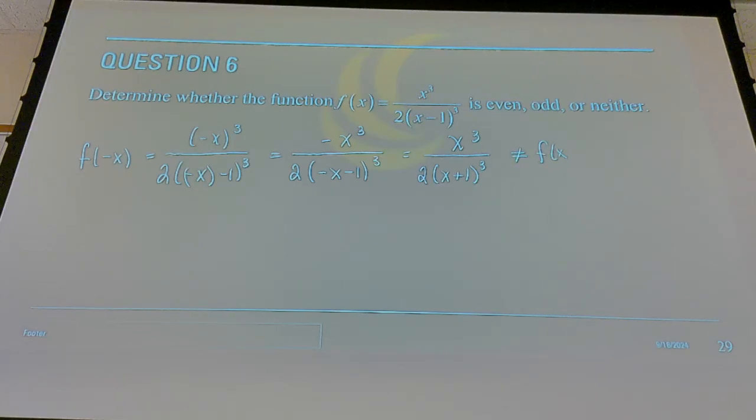F of negative x is not f of x. You should also be able to see that's not going to be negative f of x. So it's neither even nor odd.